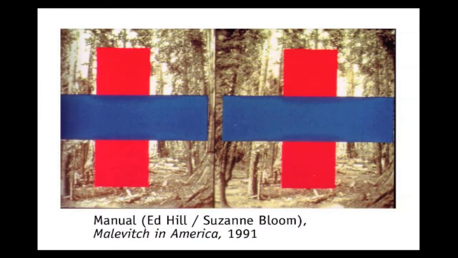What is extremely interesting, I just say this briefly in the interest of time, is that there was another wave of interest in stereoscopy by artists when digital photography made its breakthrough in the 80s and 90s, and I think it's pretty clear why that would happen: digital photography really caused a crisis in the ontological status of photography.